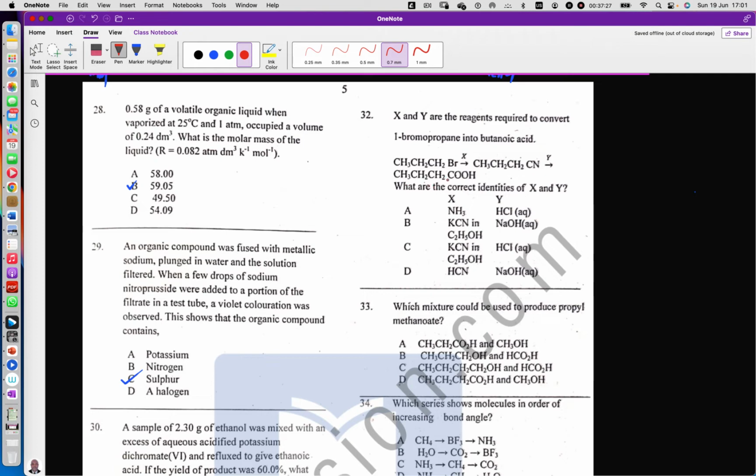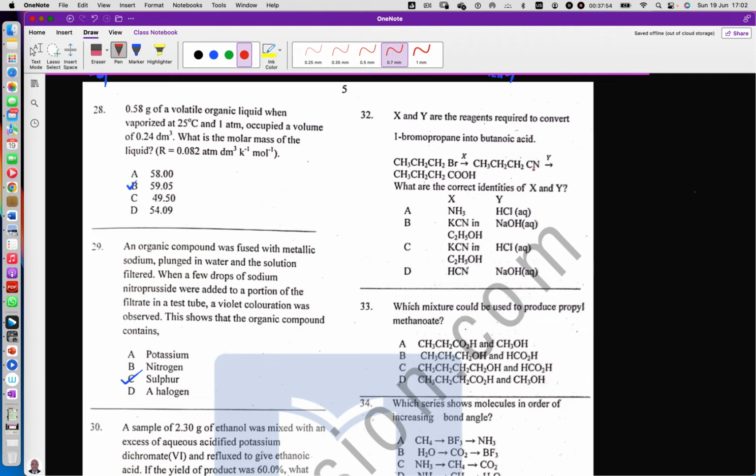This is through two steps. First of all, we convert bromopropane to butanenitrile through the addition of a cyanide, through nucleophilic substitution. The cyanide will be a nucleophile.